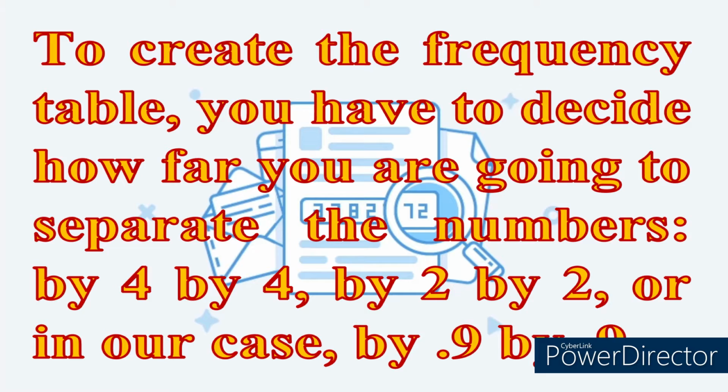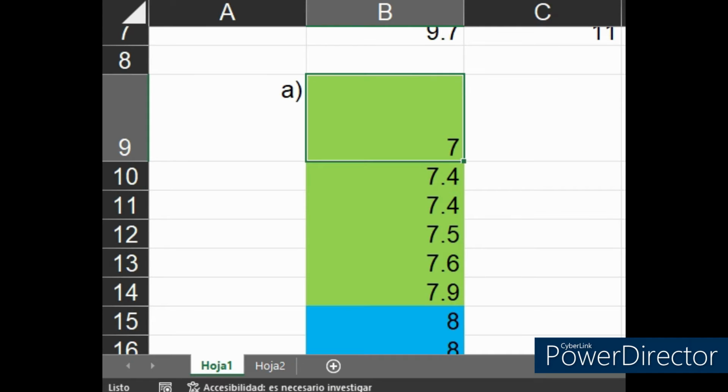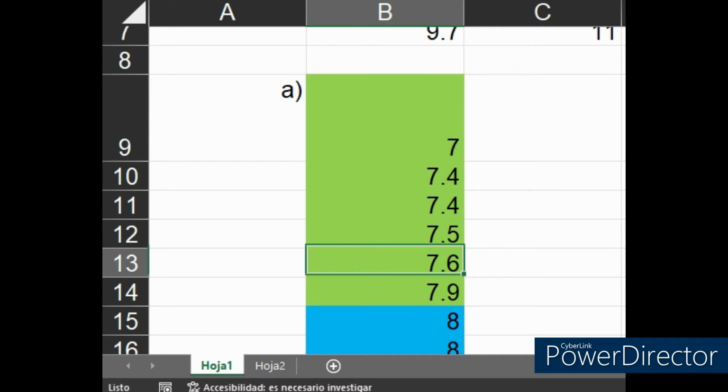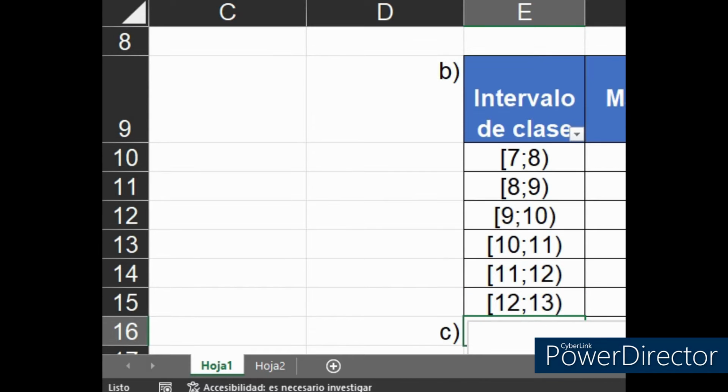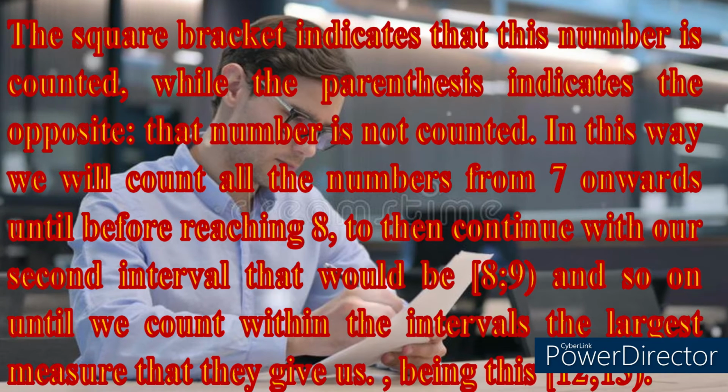In the class interval, you put the separated numbers. The first interval will be 7 to 9.